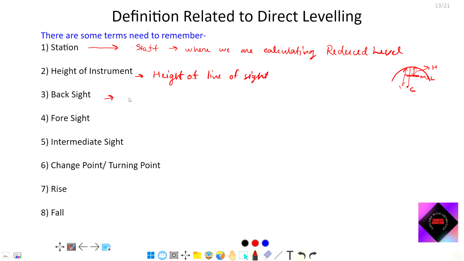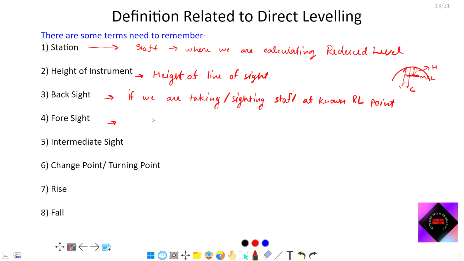Now backsight: if we are sighting the staff at a known RL point, then it is known as backsight. Also we can call it the reading taken in the opposite direction to the propagation of the line. Foresight is the last reading.